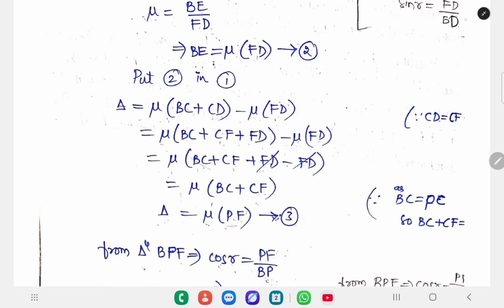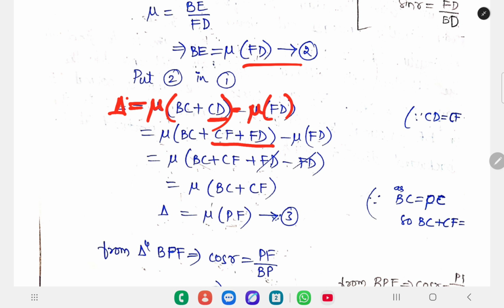When we put the second equation in the first, we get delta is equal to mu (BC plus CD) minus mu FD. Now from the diagram, we can write CD as CF plus FD.